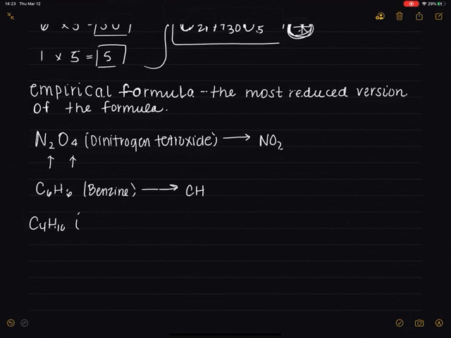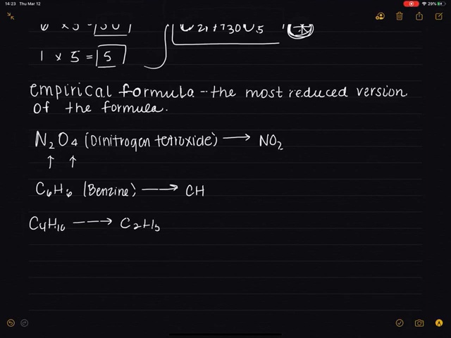But how would you be able to tell if this compound is NO2 or N2O4? Okay, here's the challenge. These problems are only able to give us the empirical formula.